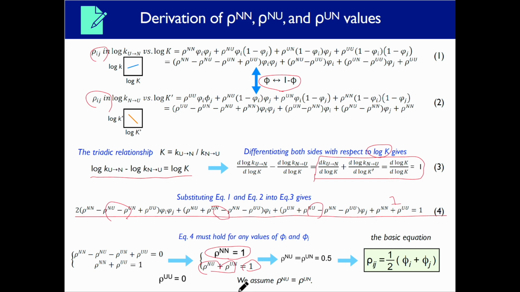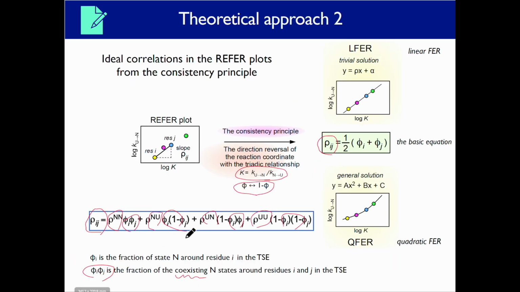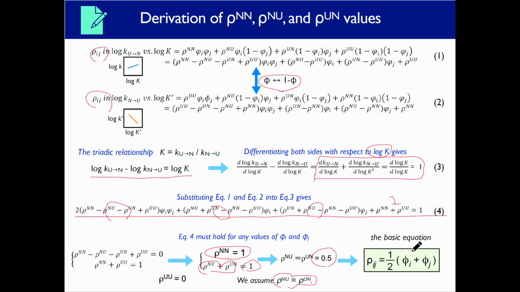Then we assume rho NU equals rho UN, because there's no reason they should be different. Substituting these values into this equation, we can obtain the basic equation.